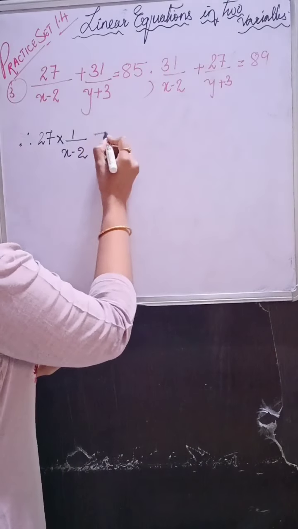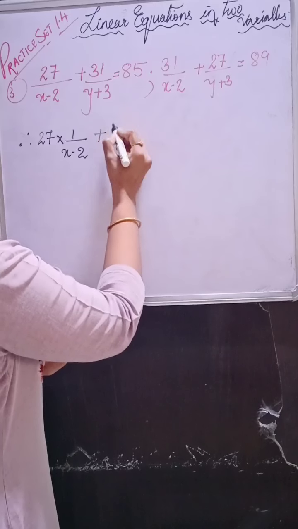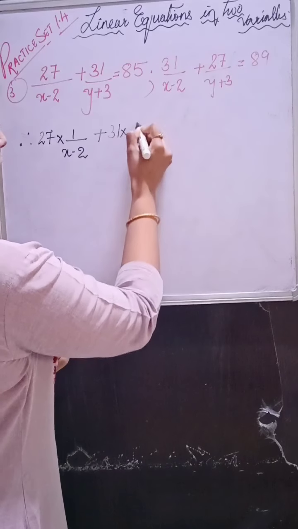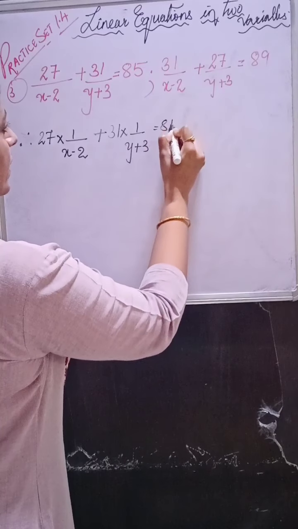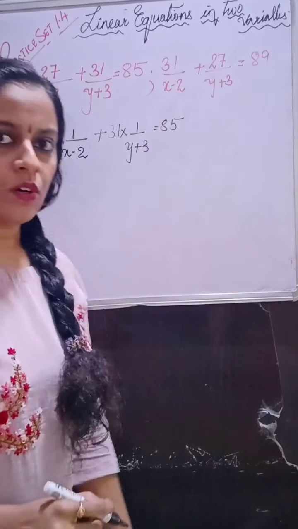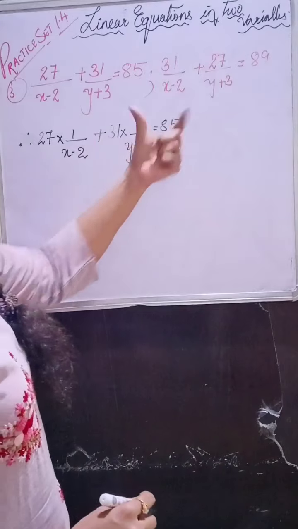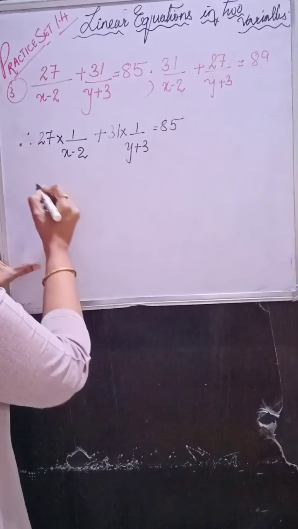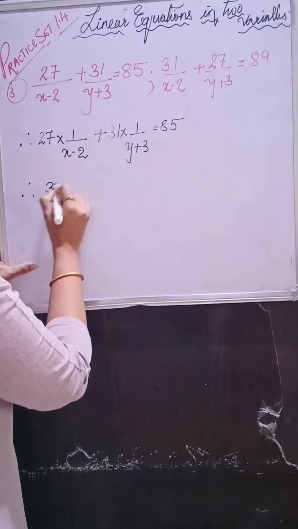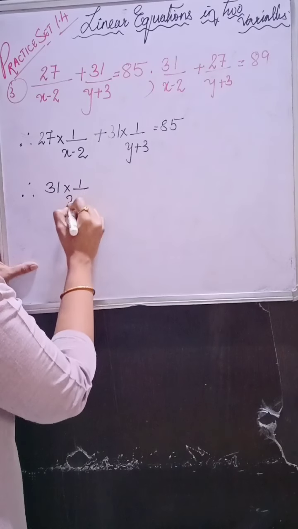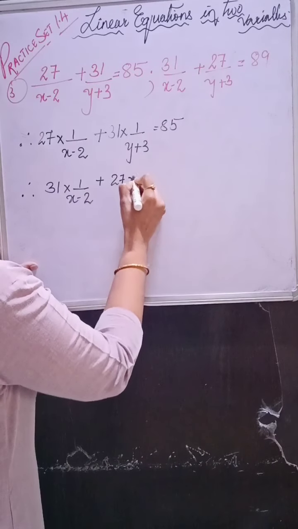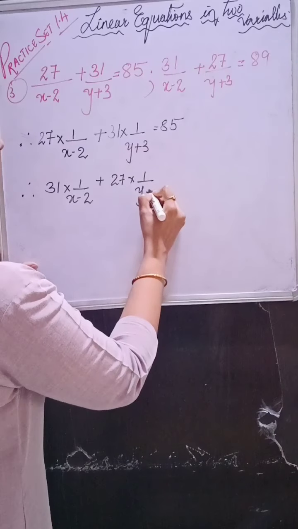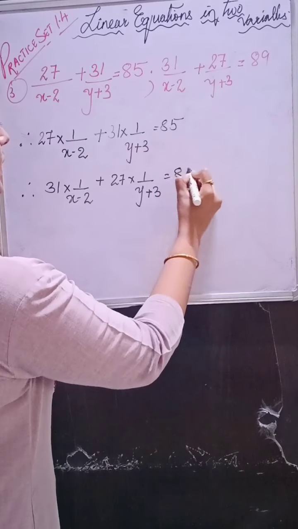Then 31 upon y plus 3 can be written as 31 into 1 upon y plus 3 is equal to 85. So, this way I wrote the first equation. Second equation I will write in the same way: 31 into 1 upon x minus 2 plus 27 into 1 upon y plus 3 equal to 89.